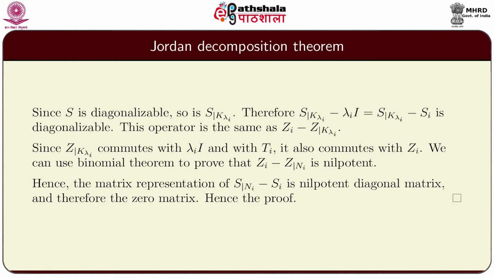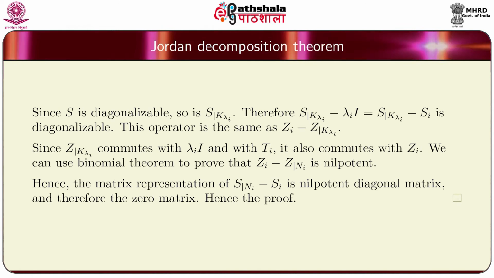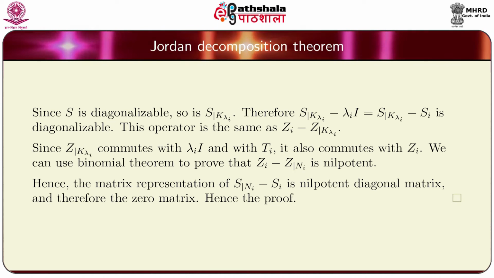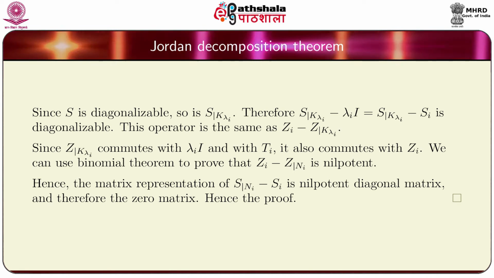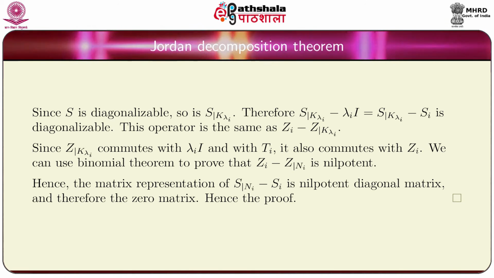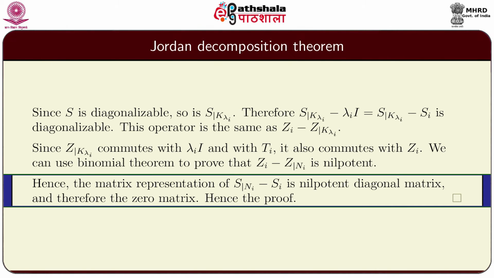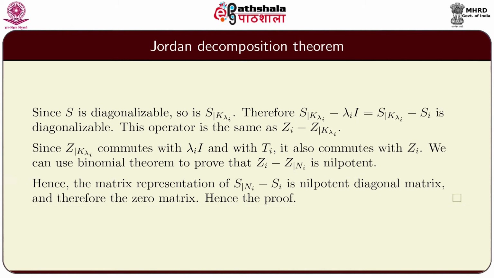Since Z restricted to K_λi commutes with λ_i I and with T_i, it also commutes with Z_i, and we can use the binomial theorem to prove that Z_i minus Z restricted to K_λi is nilpotent. Hence, the matrix representation of S restricted to K_λi minus S_i is a nilpotent diagonal matrix, and therefore the zero matrix, hence the proof.